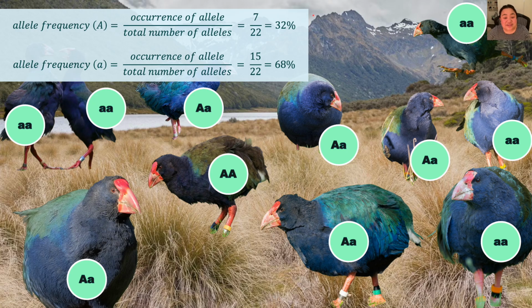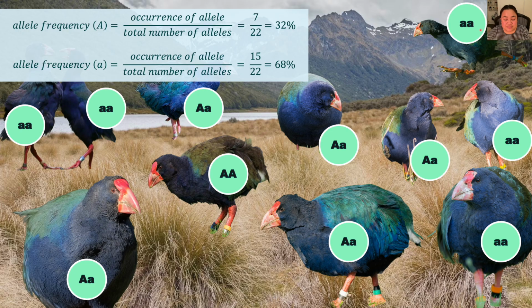To calculate the allele frequency of the small a allele, we need to count how many times it appears in this gene pool. 1, 2, 3, 4, 5, 6, 7, 8, 9, 10, 11, 12, 13, 14, 15. That's 15 times. Then we divide it by the total number of alleles in this gene pool.